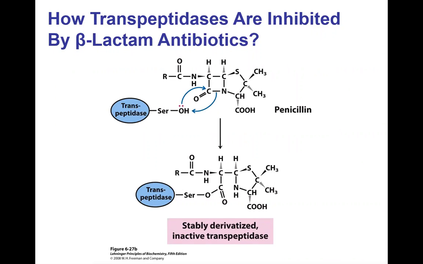I can go on and on about this, but I just don't have time. The serine hydroxyl attacks that carbonyl and the ring opens up. And you form this stable acyl enzyme intermediate. It doesn't deacylate. This enzyme is tied up with the penicillin. It cannot cross-link two peptidoglycans, and therefore bacteria die. That's how penicillin works. It will form the acyl enzyme intermediate with transpeptidases, and that's it, done.